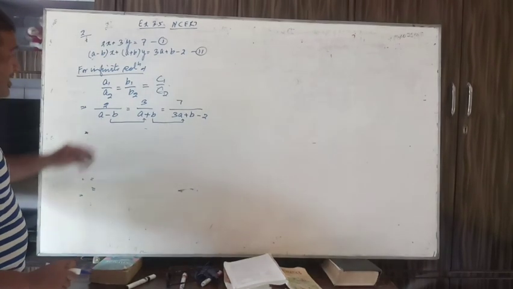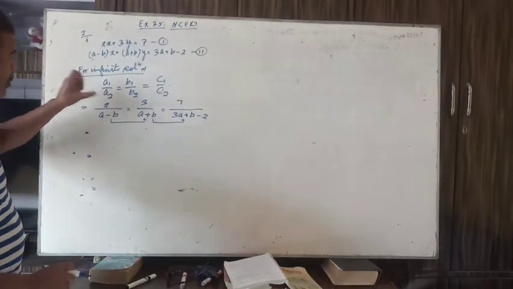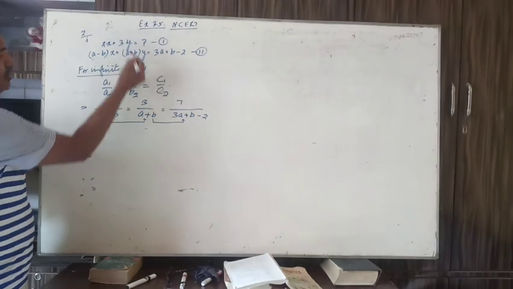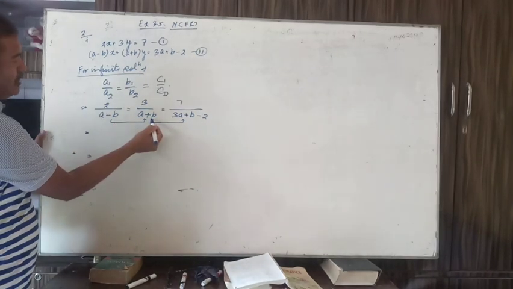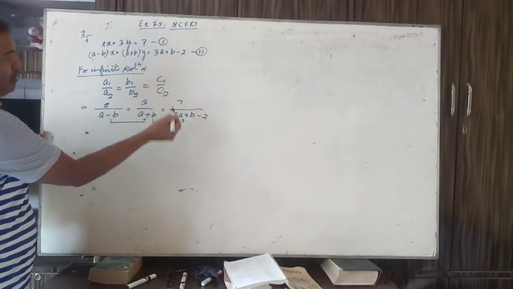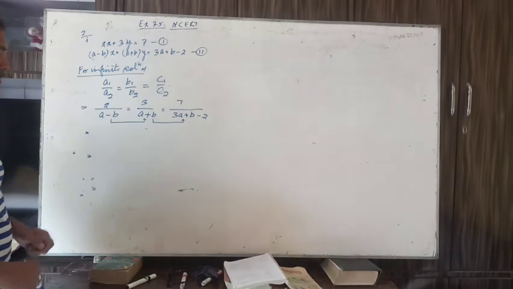So we'll write the coefficients according to this condition. 2 upon a minus b is equal to 3 upon a plus b, that is equal to b1 upon b2, c1 is equal to 7 and c2 is equal to 3a plus b minus 2.